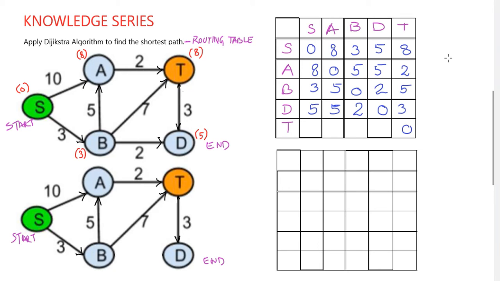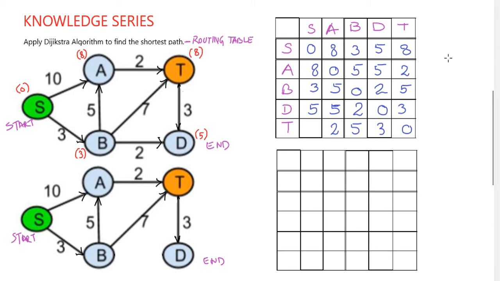And next, with respect to T to T, it is 0. T to D, it is again going to be 3. T to B, when we do the computation of T to B, because with respect to B, there are several other link factors coming, T to B is going to become 5. T to A, again it is a direct link, so automatically you will be putting 2.